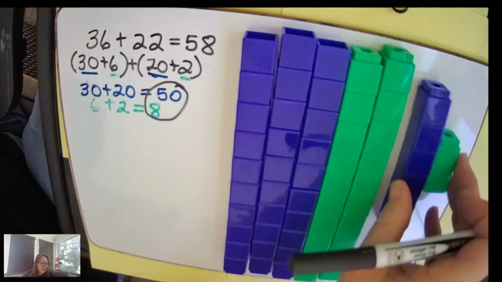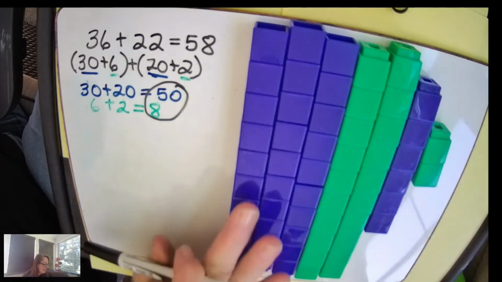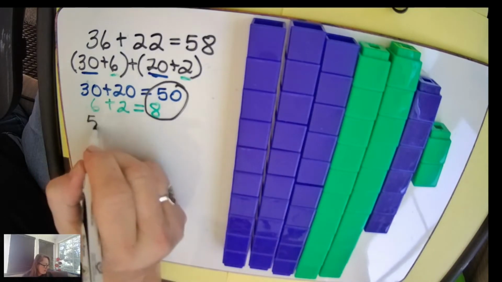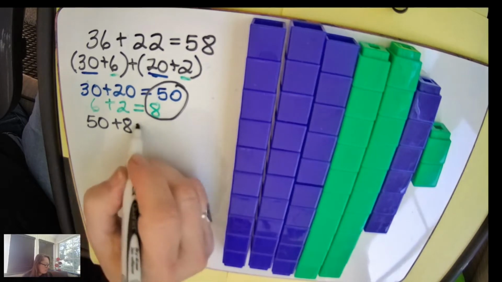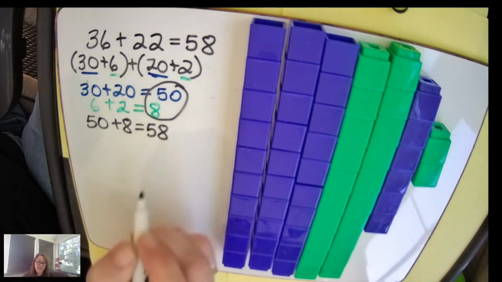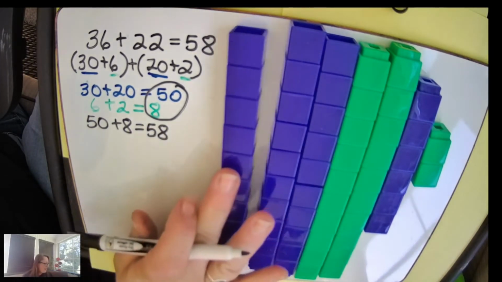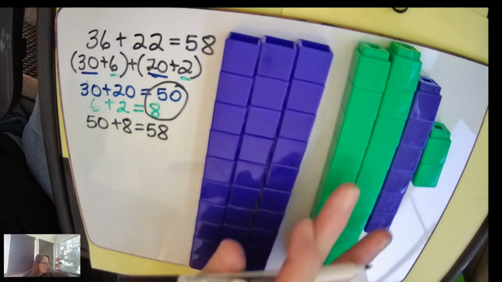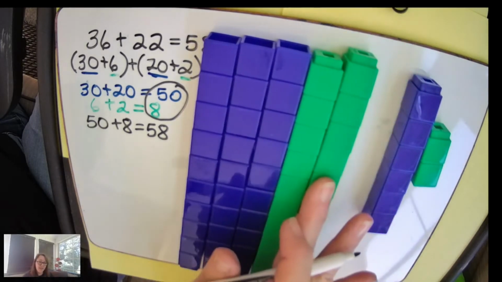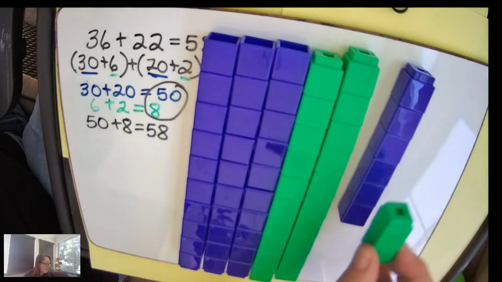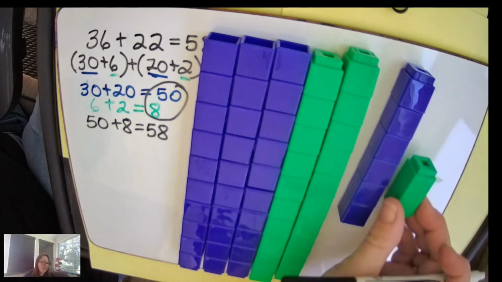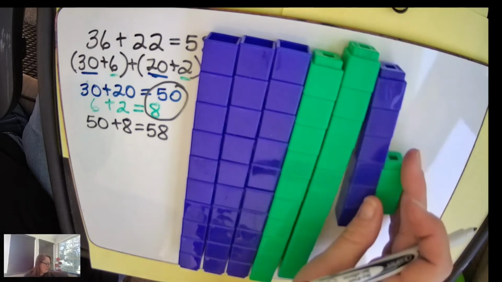Matt says when we bring all of these together, we have 50 and 8 more, which equals 58. Let's check. 10, 20, 30, 40, 50, 56, 57, 58.